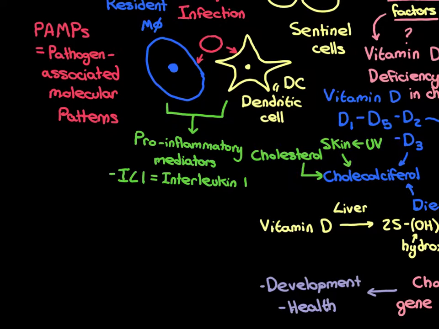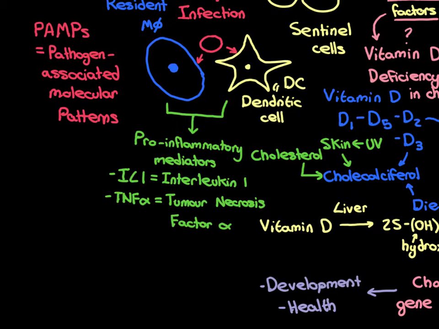So interleukin-1, abbreviated down to IL-1, and then the other one is TNF-alpha, which stands for tumor, that's the T, necrosis, that's the N, and then the F is for factor, and then it's the tumor necrosis factor alpha. There are other tumor necrosis factors as well, but tumor necrosis factor alpha is easily the most important one.